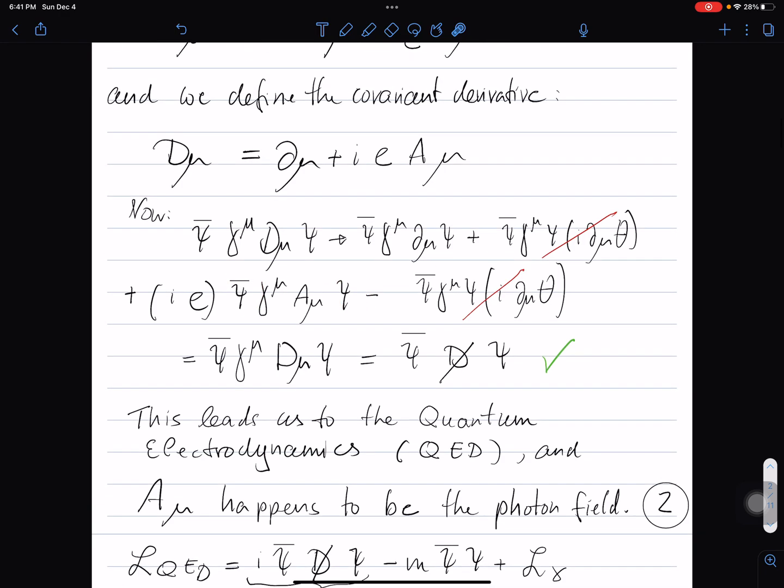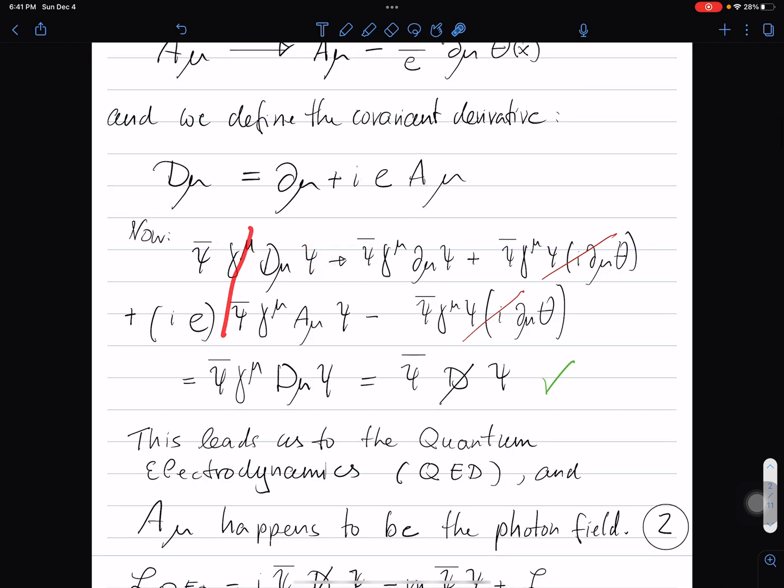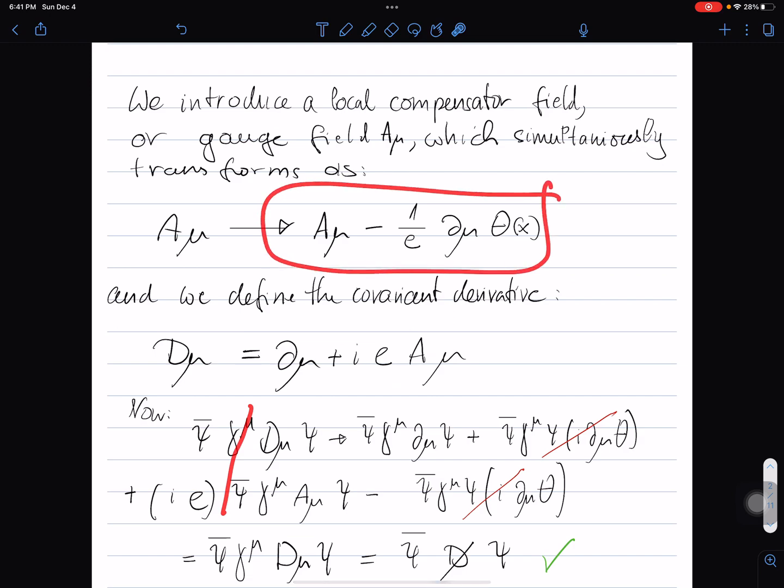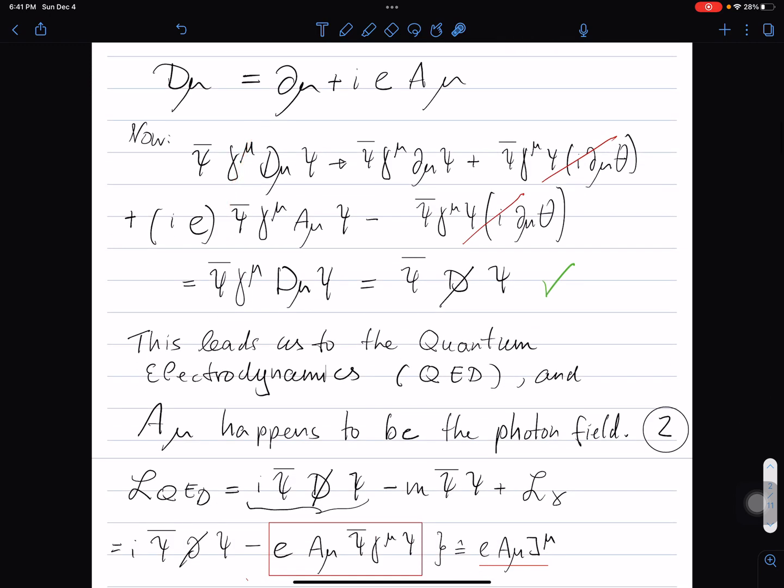Its transformation, as we said, is related to the transformation of the gauge field itself under the phase rotation, and it exactly cancels the contribution that is bothering us. So this term is again the same as we started with. We restored the invariance of the Lagrangian by introducing a new compensator field.